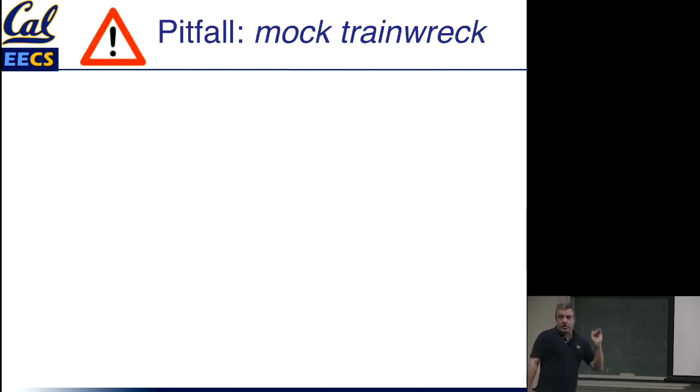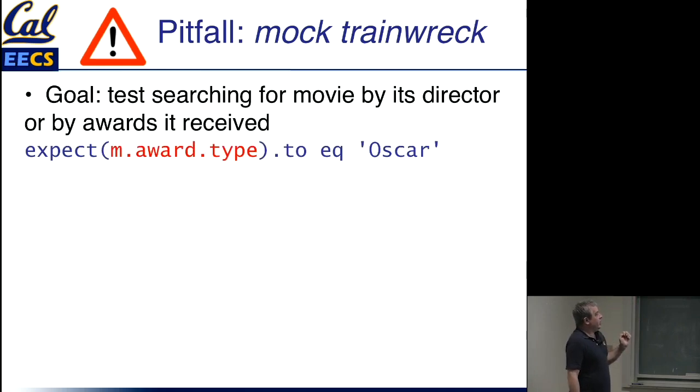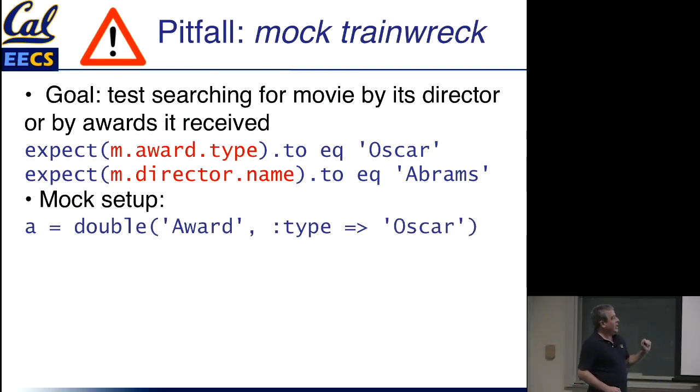By the way, you can spot something like this if you see a test. Here's an example that I'm going to give: if you wanted to search for a movie by its director or by the awards it received. So if I had an expectation like movie.award.type, well, this is pretty awkward because if M is a stunt double for a movie, and similarly I can say, the name of the director equals, the problem is that now I have to actually double all of the things, right?